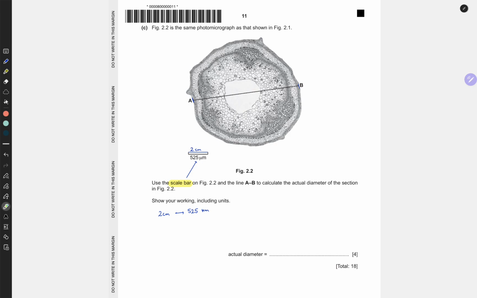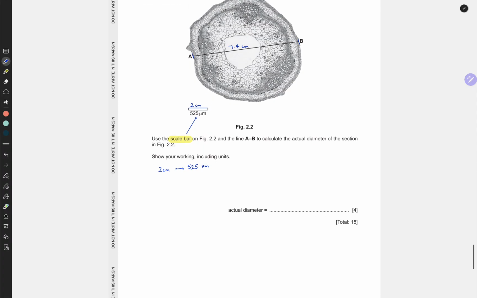For example, you might get 7.4 centimeters. Then you should find the actual diameter.